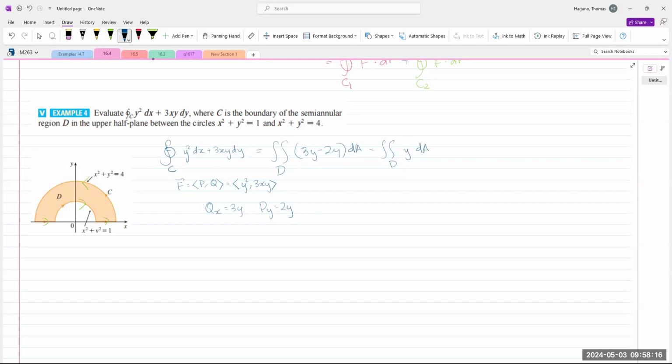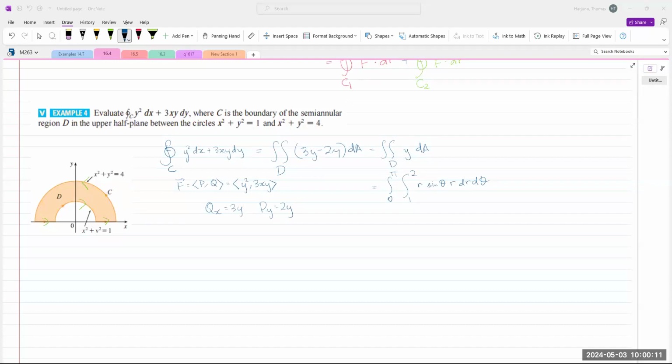So the double integral now becomes the double integral of 3y minus 2y dA, which is the double integral over D of y dA. But that double integral can be easily computed using polar coordinates. Integral from 0 to 2 pi, I'm sorry, integral from 0 to pi, not 2 pi, integral from 1 to 2 of y, which is r sine theta, r dr d theta.